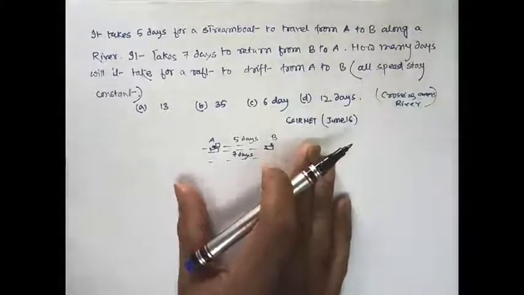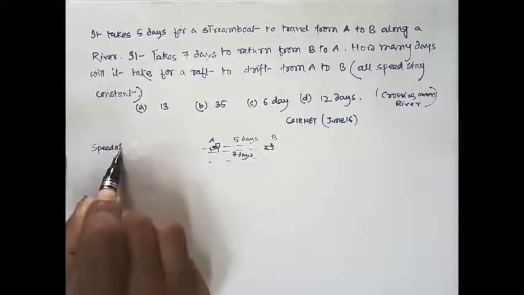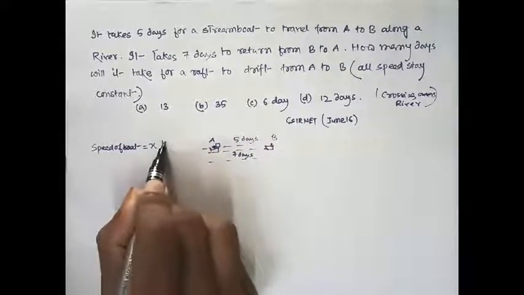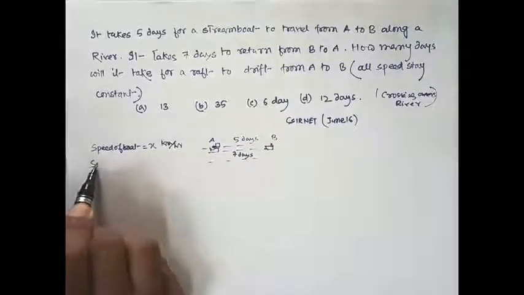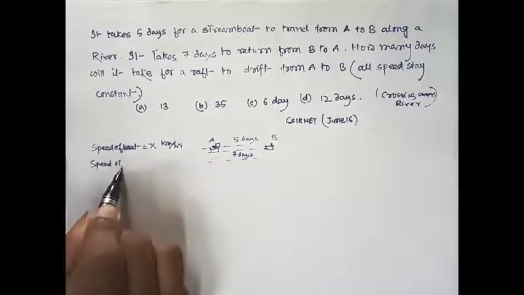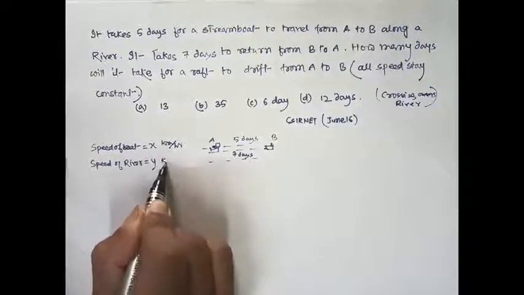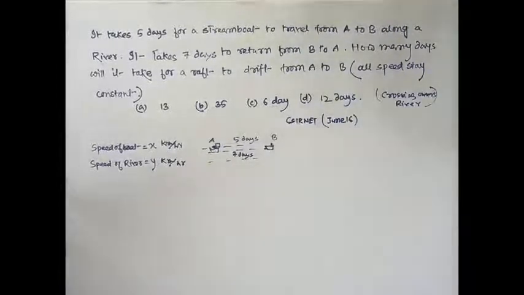So you see, let us consider the speed of the boat as x kilometer per hour, and the speed of the river stream as y.